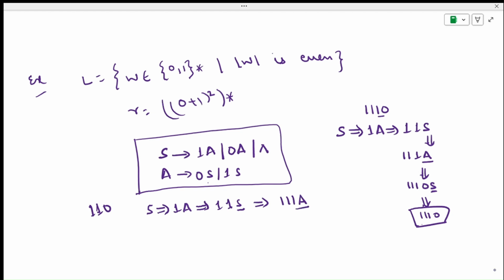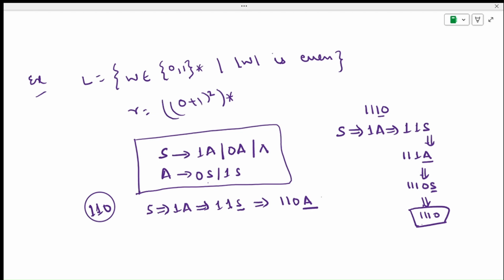Oh sorry, instead of taking this S as 1A, I will take it as 0A because I want a 0. Now to replace this A, I need to pick either 0S or 1S, which I don't want because the string is of odd length, that is only 3 characters long. So we are stuck here. We are not able to generate this string from the given grammar.